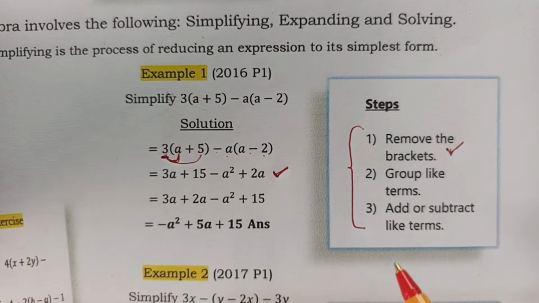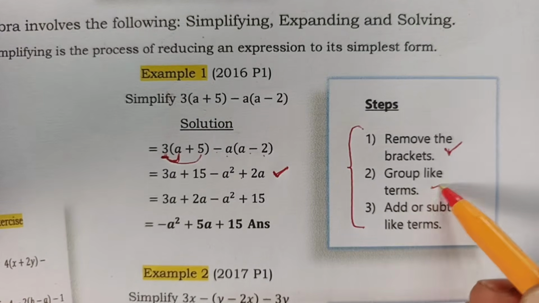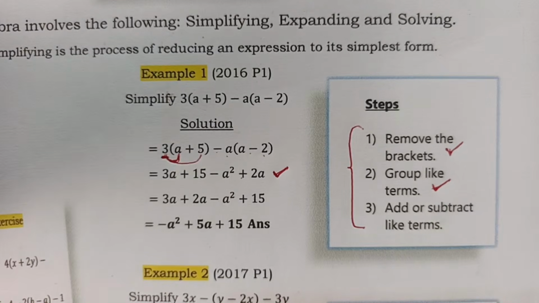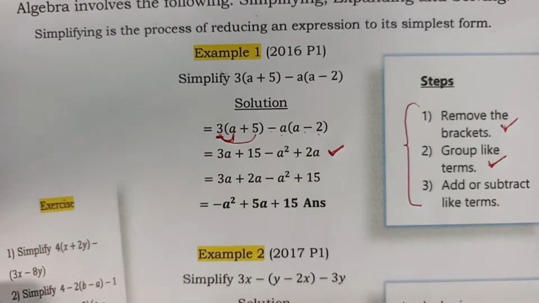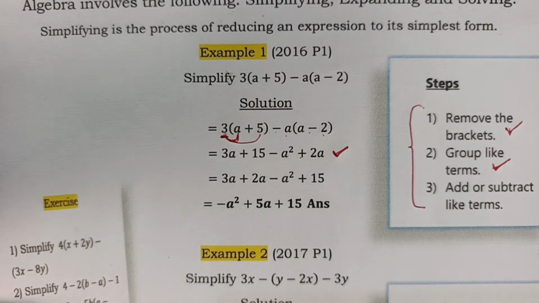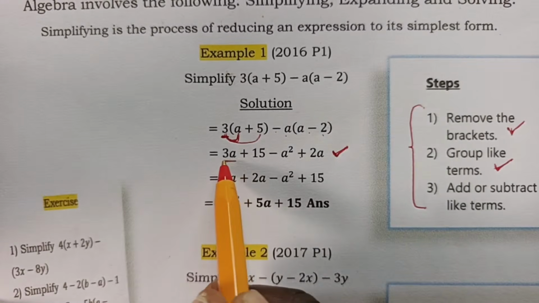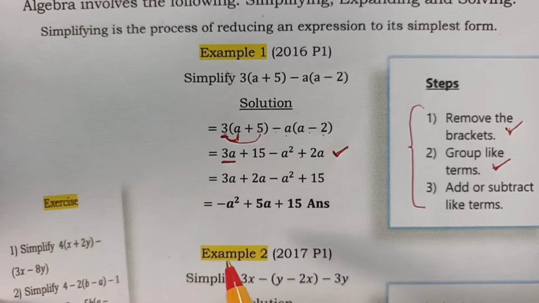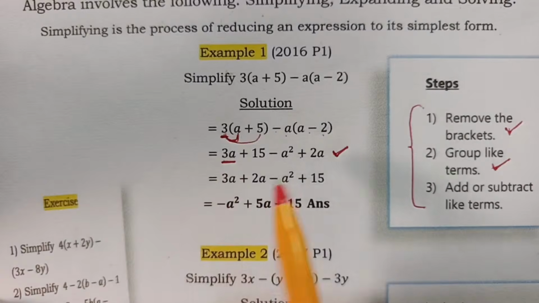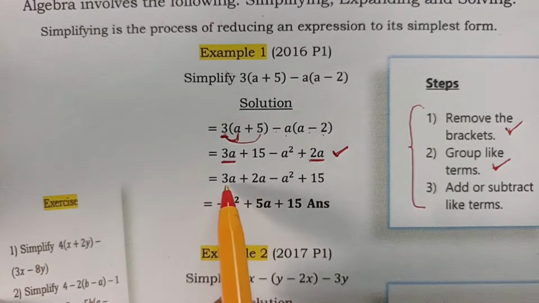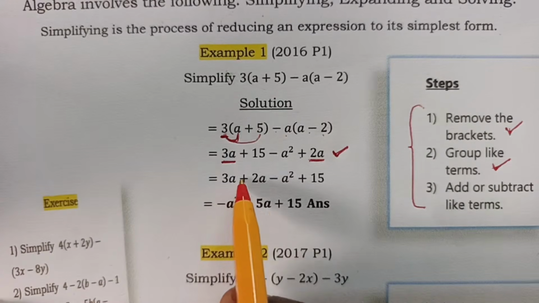Step number 2, they are saying group the like terms. Okay, so we have to group the like terms. So how do we group the like terms? We just look at the given terms. So look at this. This is 3a. Do we have anything else with a? 2a right here. So they can be written together like this. 3a plus 2a.